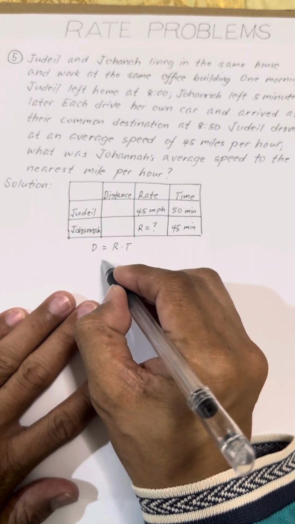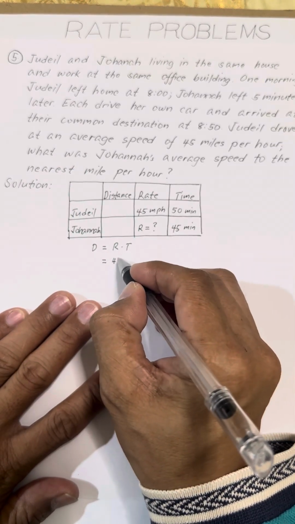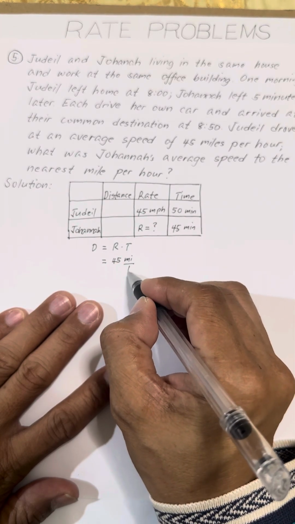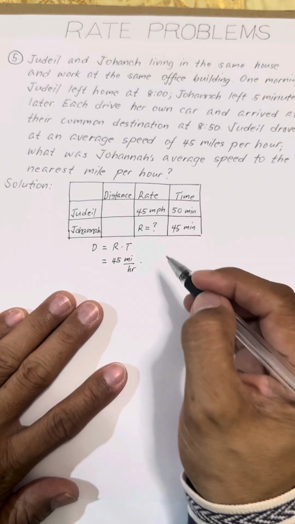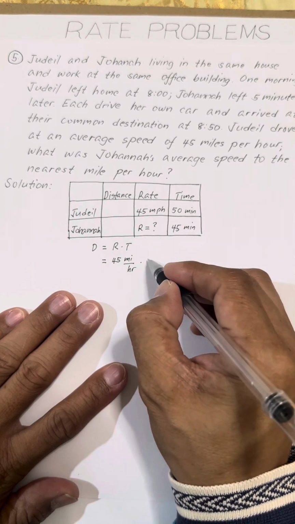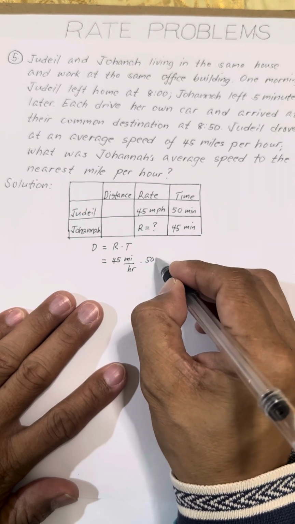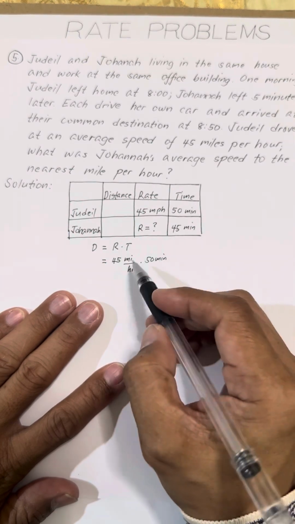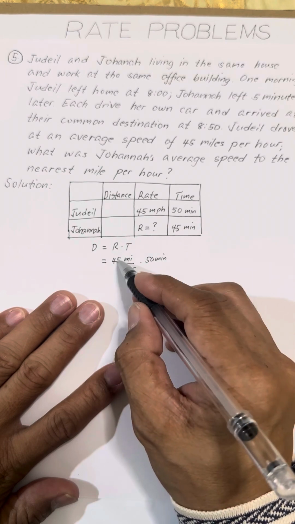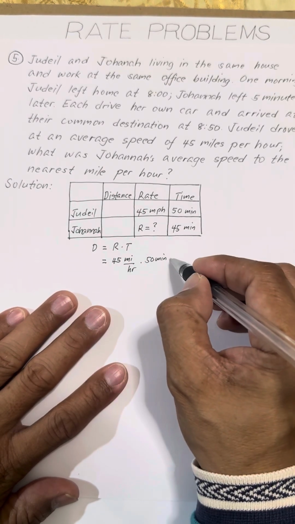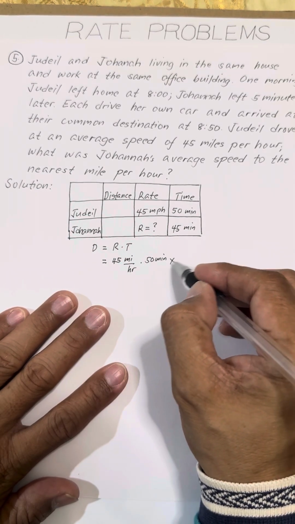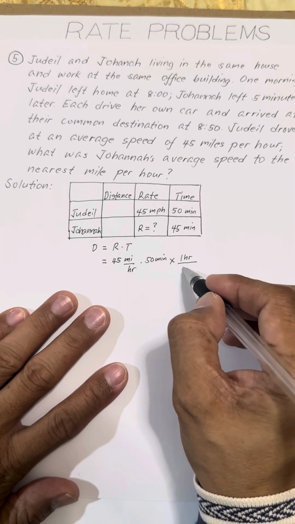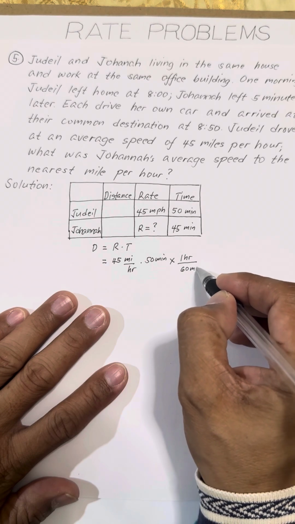Okay, substituting the given, we have the rate, which is 45 miles per hour, multiplied by the given time, that is 50 minutes. Alright, so let us make the units consistent, so let us multiply this by 1 hour over 60 minutes, since there are 60 minutes in 1 hour.